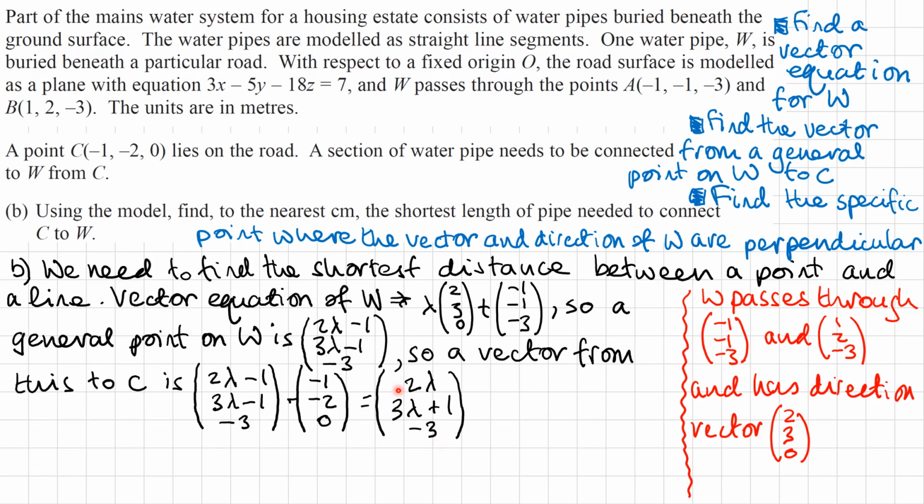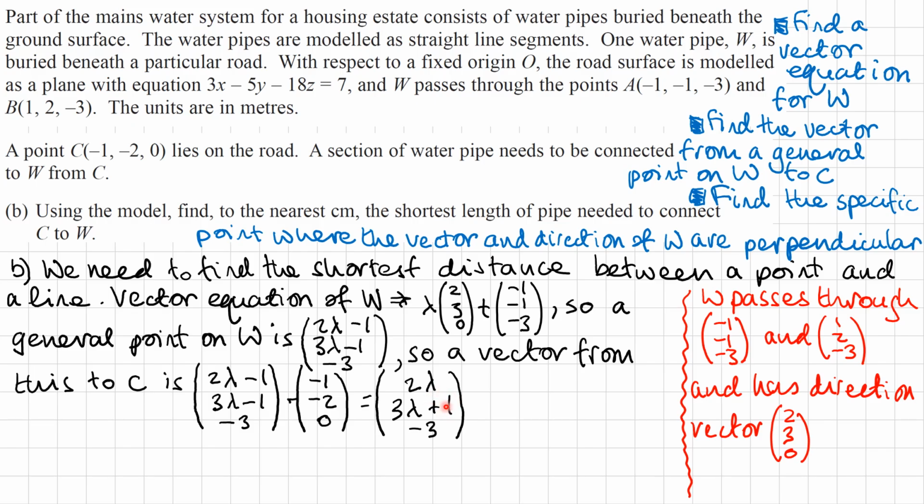And what we want is for this vector to be perpendicular to our line W. Because remember, the shortest distance between a point and a line is a perpendicular line from the line to the point. So we're going to do the dot product of this with the direction of W, make that equal to 0 and solve for lambda.